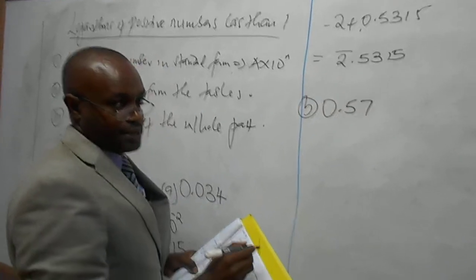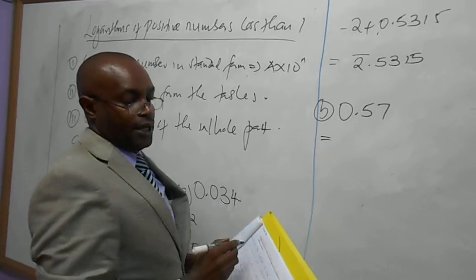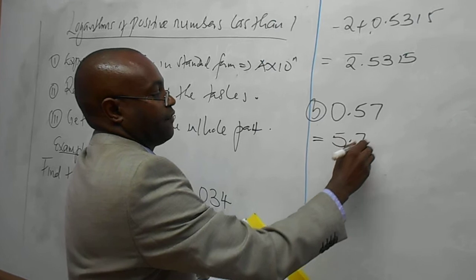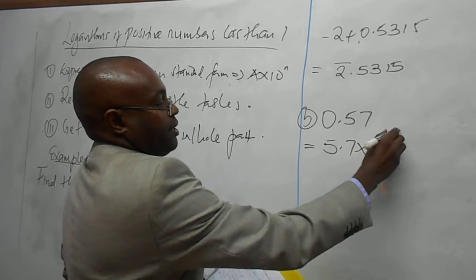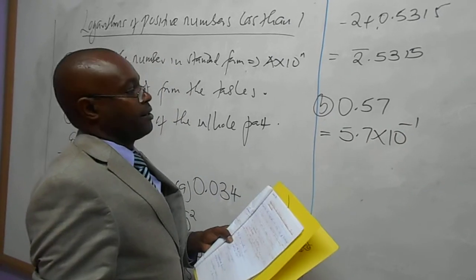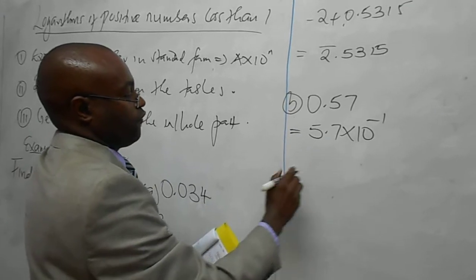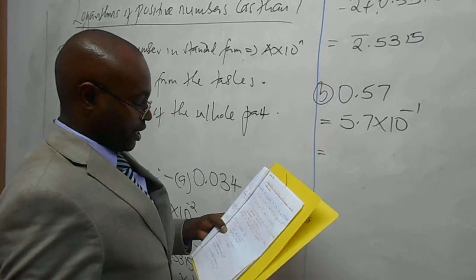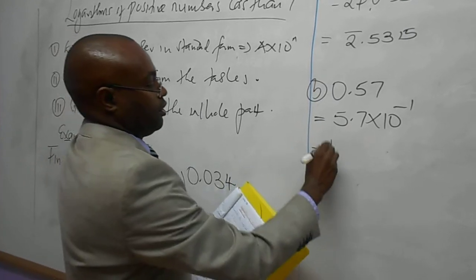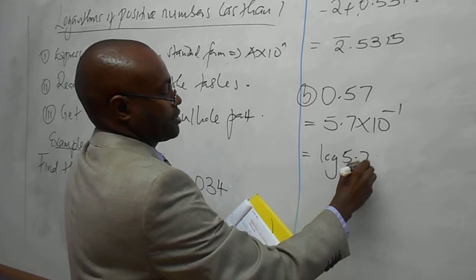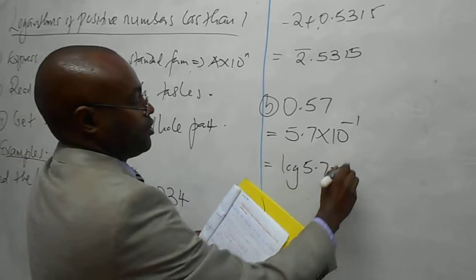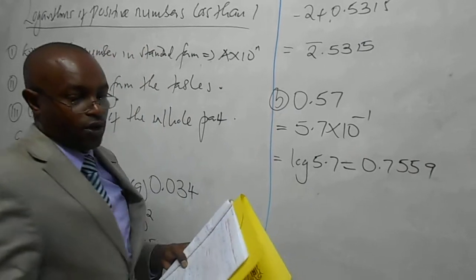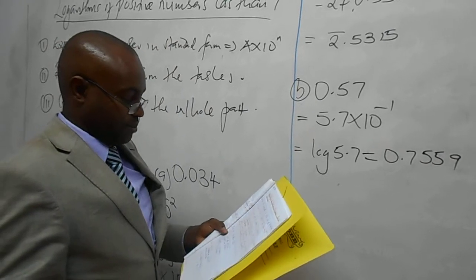Maybe you can take another example: 0.57. Class, first thing, express in standard form, which becomes 5.7 times 10 to power negative 1. Then we read the log of 5.7. If you read the log of 5.7, you're going to get 0.7559. You can confirm that from the mathematical tables.